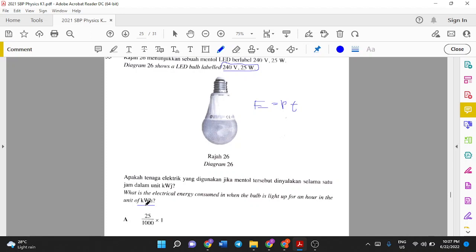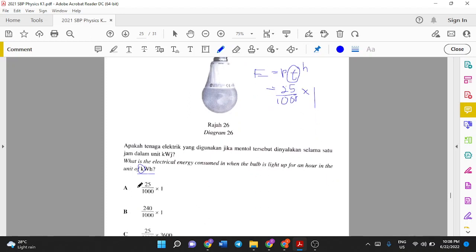Because the unit here is kilowatt hour, the T here is in hour, and the P here is in kilowatt. So 25 divided by 1000, because the question wants you to find in kilo, multiplied by your time which is in hour, so multiplied by 1. So your answer should be A.